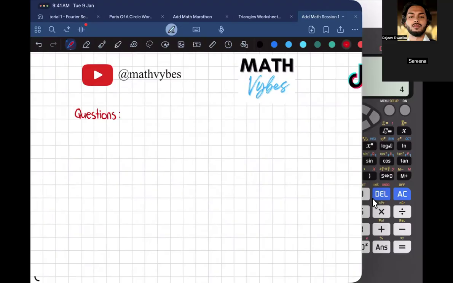So 66 people doing add maths. Everybody doing add maths? I don't think it's everyone, so that might be a little less than 66. Well, there's three add math classes, and each of them contains 22 people.